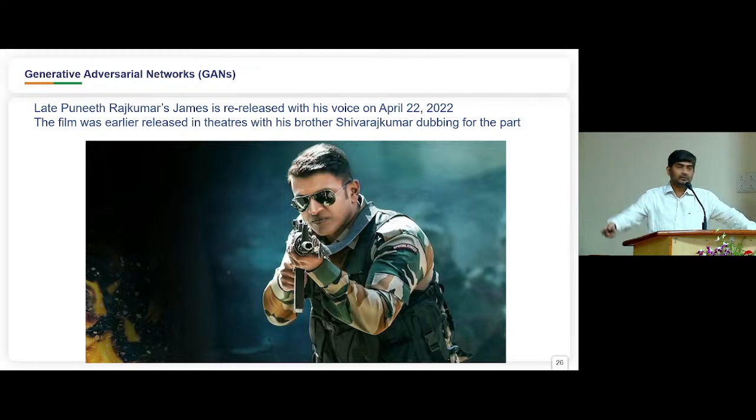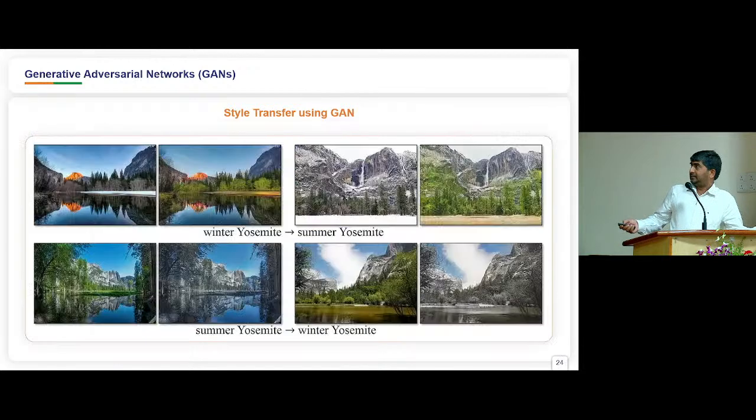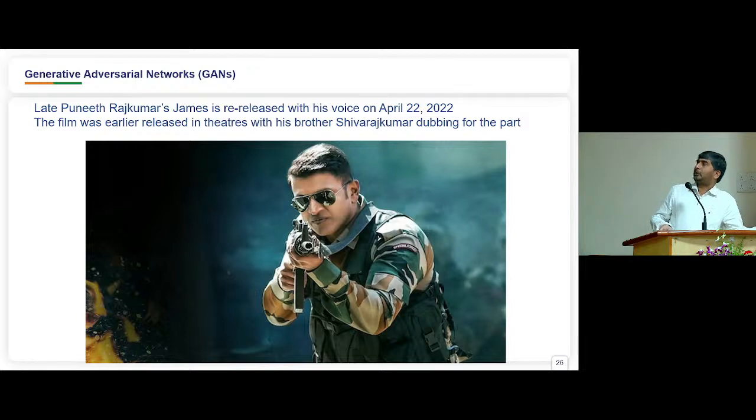You can draw whatever you want and convert it like a Van Gogh, worth millions of dollars. This we actually did for production, and we released the movie also, using exactly the same algorithm, StyleGAN.